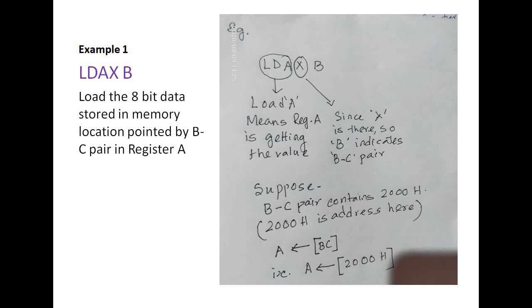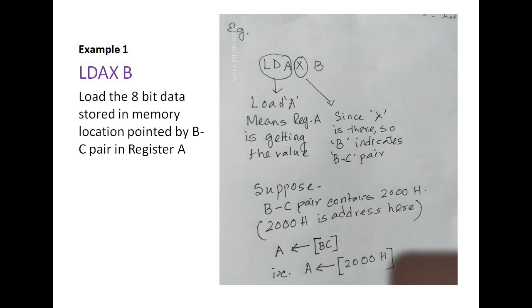Clear? What the processor will do, when it fetches the instruction, it will first see in which register the address is stored. It will first note that register, and from that register it will pick up what? Address or data? It will pick up the address. Then the processor will go to that particular memory location, the address indicated by the register.